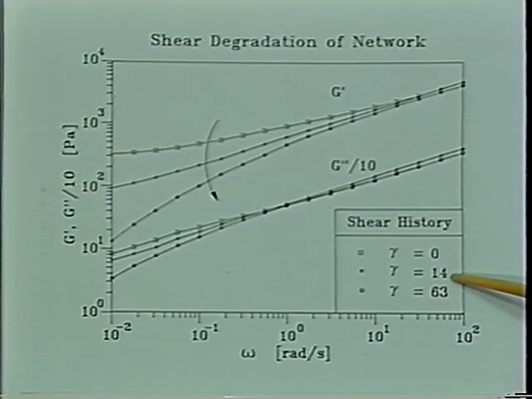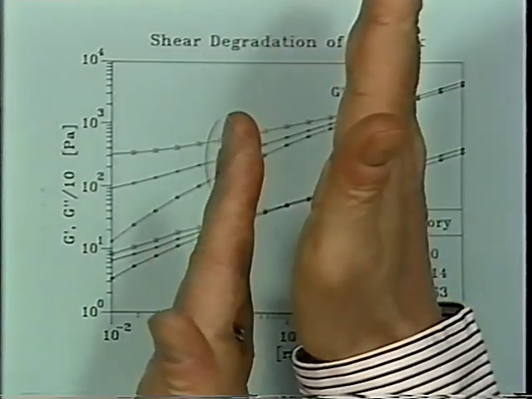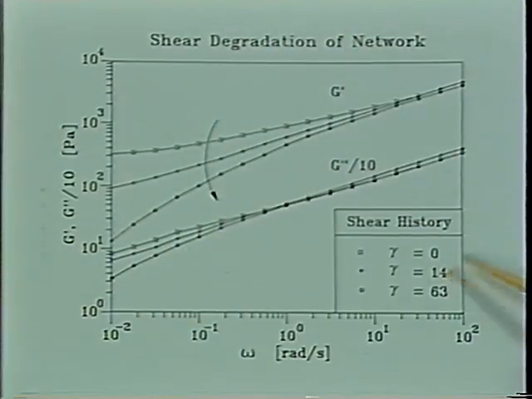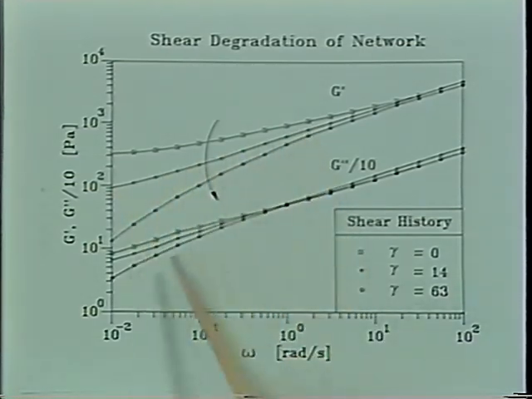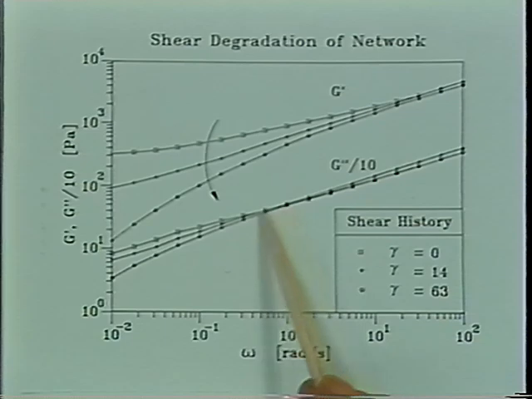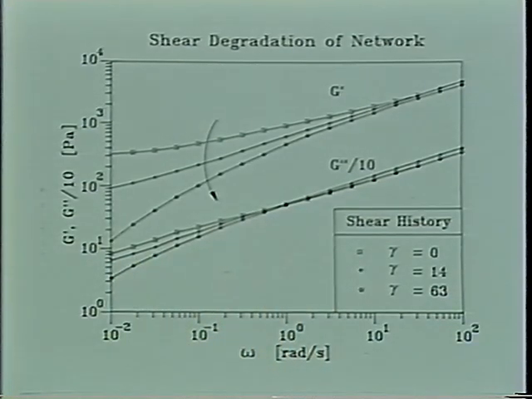But then he imposed a shear strain of 14 shear units. He just took the sample and sheared it by 14 units. And then he checked, again, G prime, G double prime, and he found a material which is close to the gel type behavior. So he comes to the gel point now from the other side. And the statistics of that network at the gel point is completely different than the statistics during the original making of those gels.